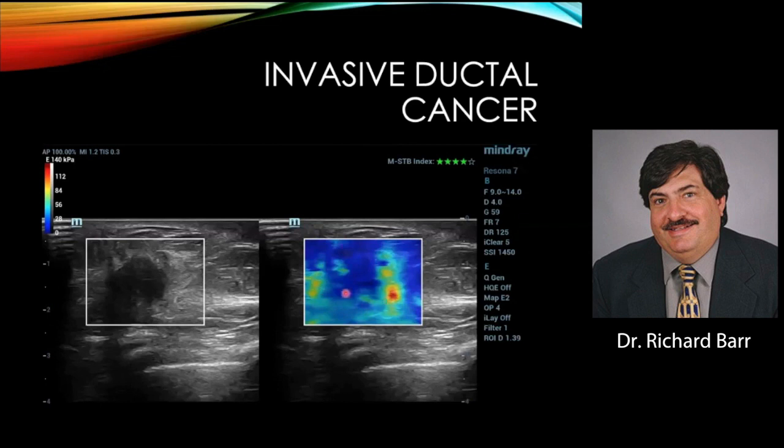And this is not an uncommon situation where the cancer itself appears very soft, and this is just an artifact, but we use the surrounding tissue. So it's important when you're looking to find the highest area that you not only look at the lesion, but look at the surrounding ring around it for about 3 millimeters.